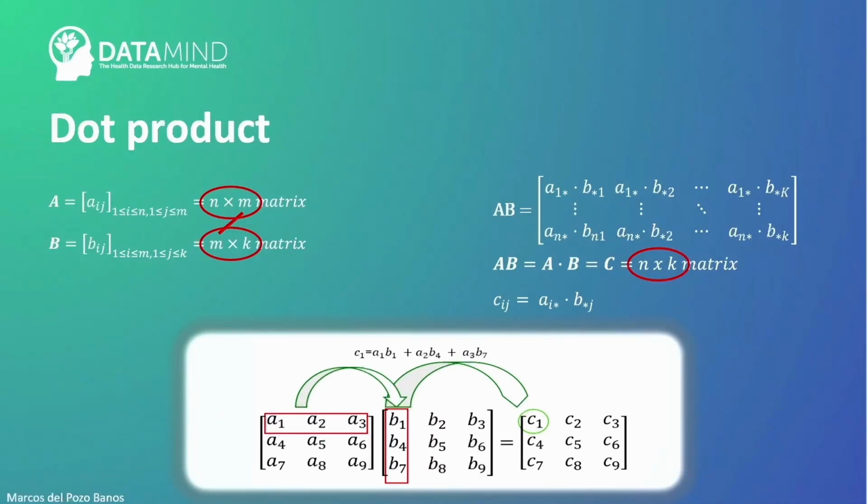And then the resulting matrix, C, will have the first dimension of the first matrix and the second dimension of the second matrix. So in this case, it will be n times k. That means that even though we can multiply A times B, that doesn't necessarily mean that we can also multiply B times A. And in this case, indeed, we will only be able to multiply B times A if k and n are equal.